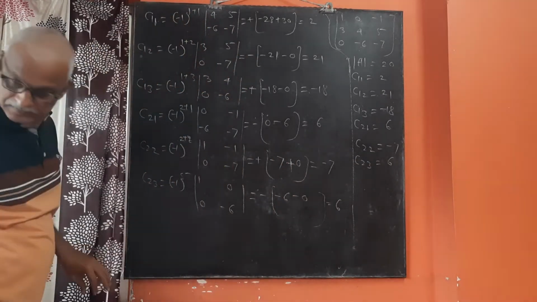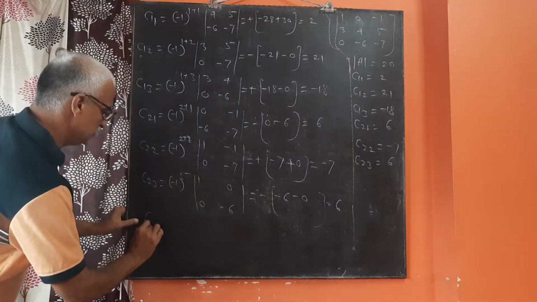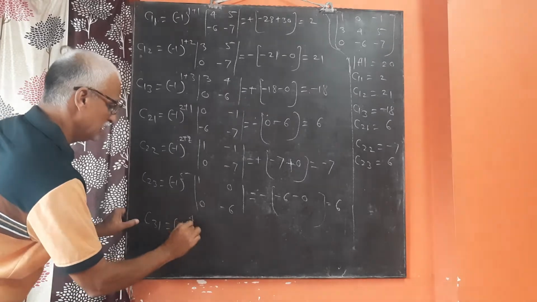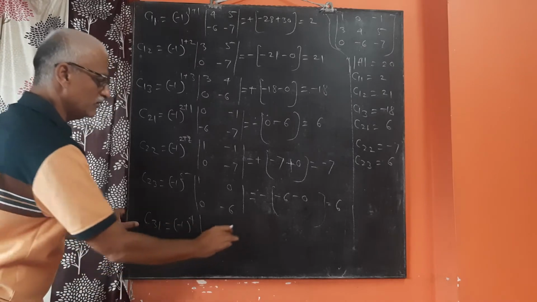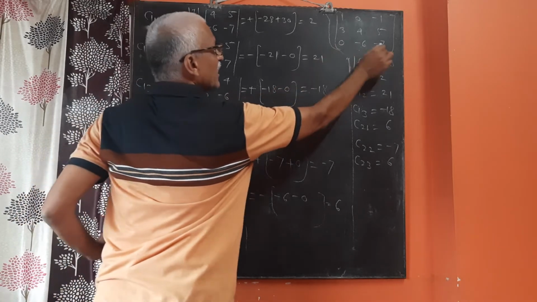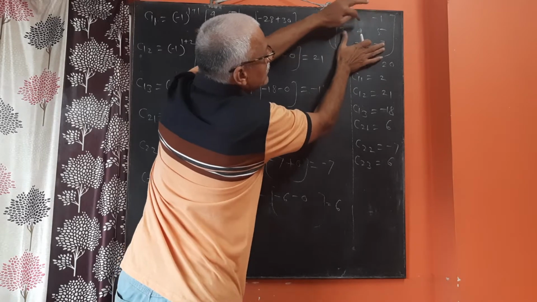Then comes C31. C31 equals minus 1 raised to 3 plus 1, that is 4, into the determinant of C31, meaning this position, so this row and this column are removed, and what remains is 0, minus 1, 4, 5.